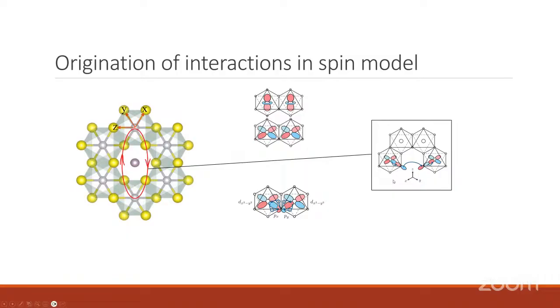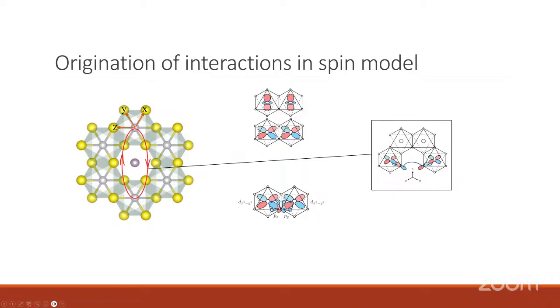Such hopping will give you interaction between the third nearest neighbor nickel sites. If we do a perturbation theory, it clearly shows that the interaction between the third nearest neighbor nickel sites is antiferromagnetic. However, for the nearest neighbor interaction, both indirect and direct hopping between the nickel sites should be considered at the same time.